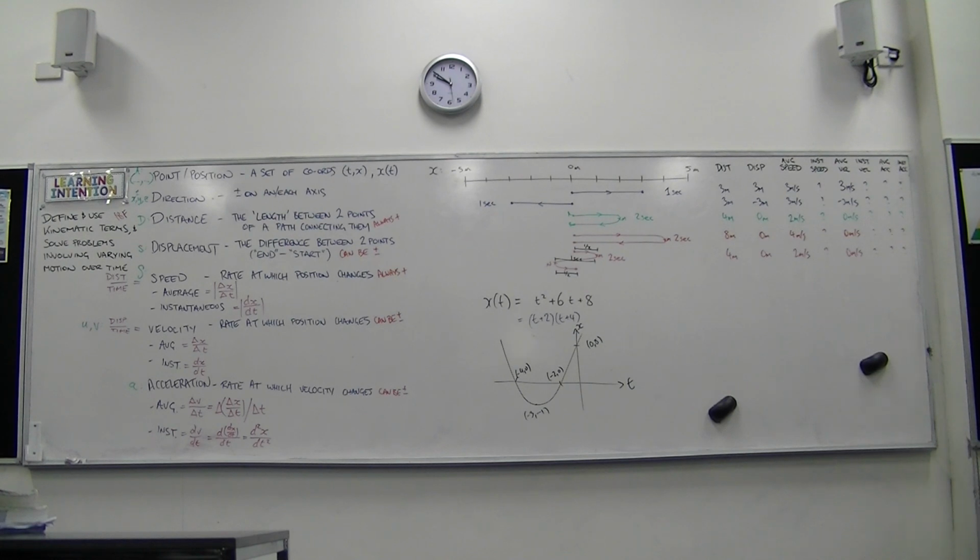Wait, hold on, sorry. It's starting at a constant speed, right? This is from like negative infinity or something. Okay, and then it gradually gets slower and slower, and then it just keeps getting slower and slower.